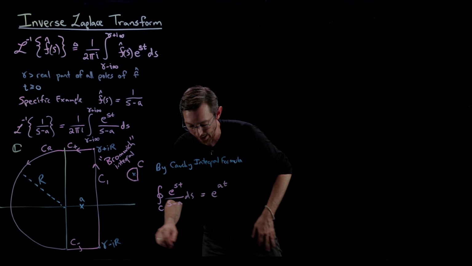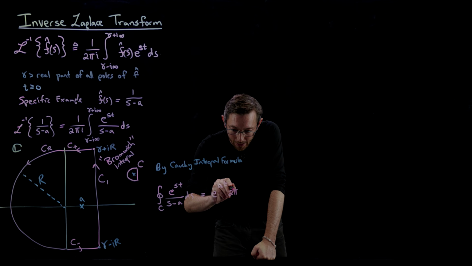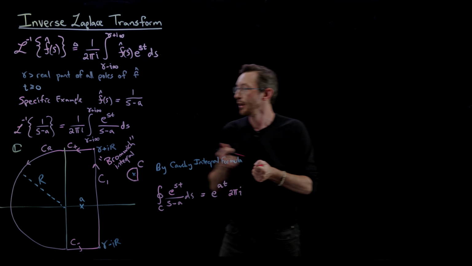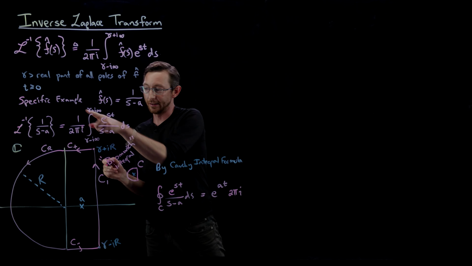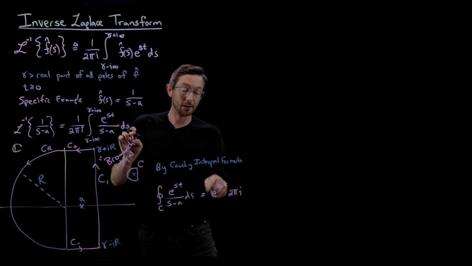And this is times 2 pi i. I'm sorry, I should have absolutely included that, this is times 2 pi i. That's what this contour integral equals. And since I have divided by 2 pi i here, those are going to cancel, and this integral is going to equal e to the at.